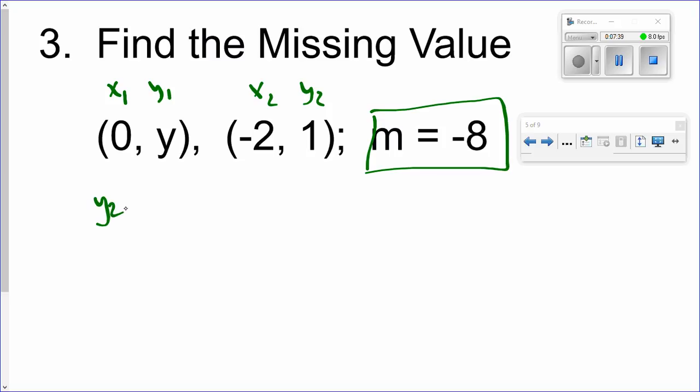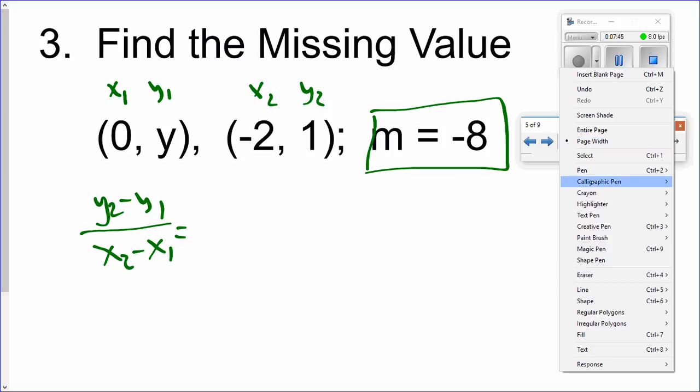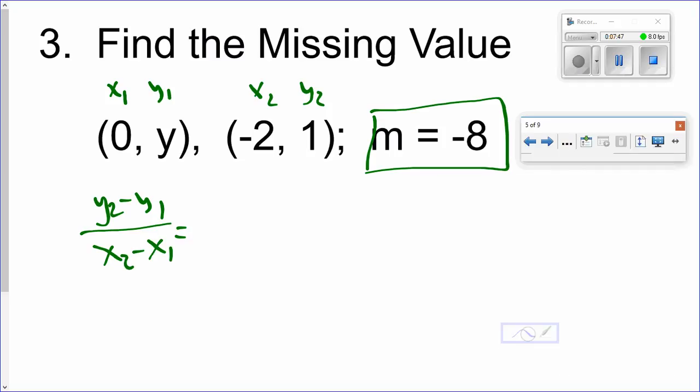Let's use our formula, y2 minus y1 over x2 minus x1. I plug in my values. And what do I get? y2 is 1. And I will subtract y1, which is y. Whatever that is, I don't know what it is, it's y.